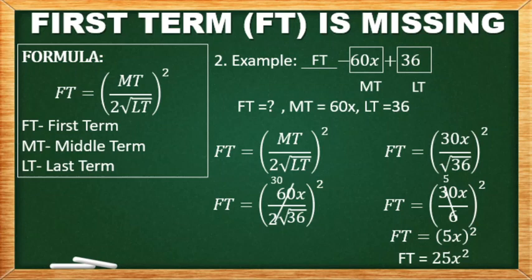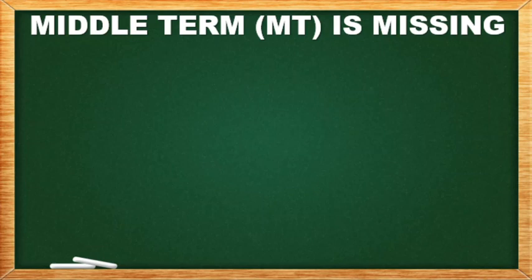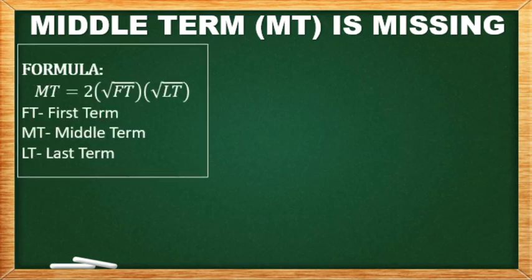Next naman, in our next example, what if the middle term is missing or empty? Etong middle term na to, ginagamit na natin to nung last topic natin to determine if the trinomial is PST. So ano yon? Ito po. Empty is equal to the product of 2 times the square root of FT and the square root of LT.